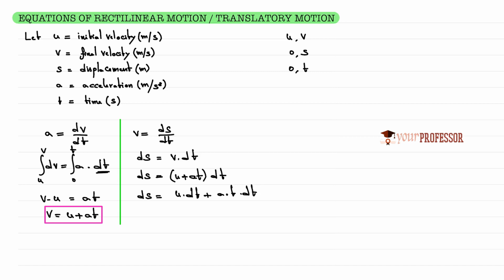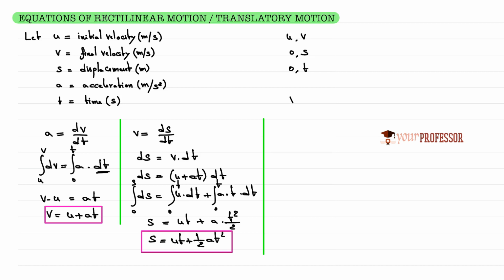Let's integrate this equation on both sides. Displacement ranges from 0 to s, whereas time ranges from 0 to t. So s is equal to u times integral dt, which is t, plus a into integral t dt, which is t squared divided by 2. That is nothing but s is equal to ut plus half at square.